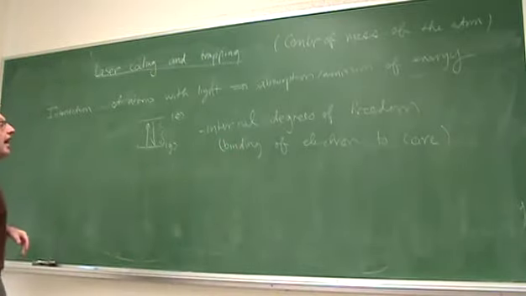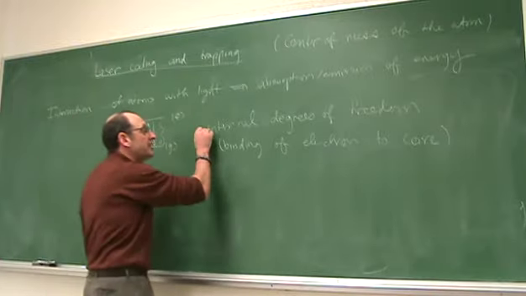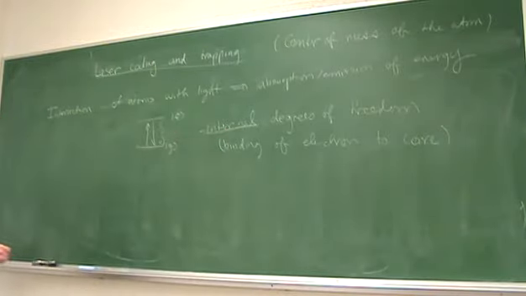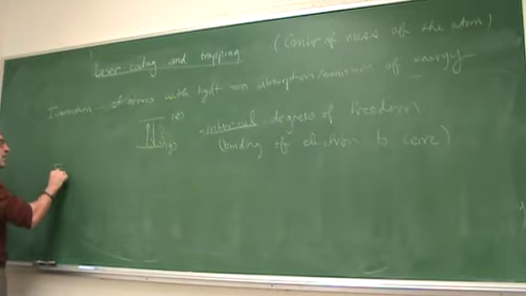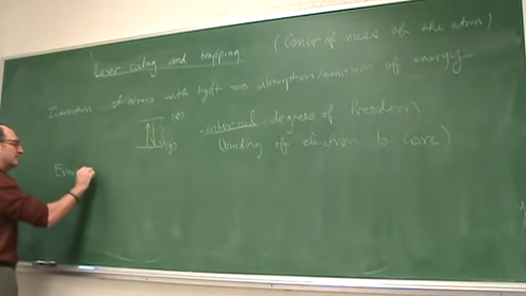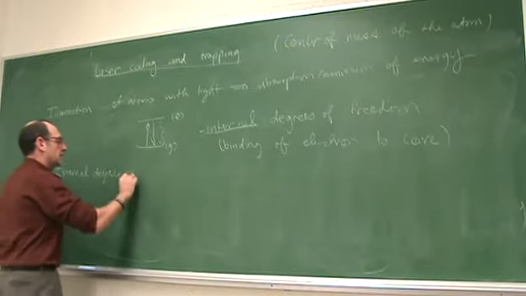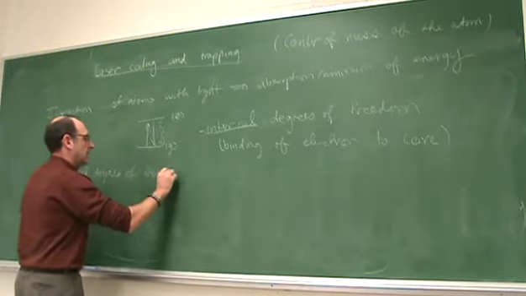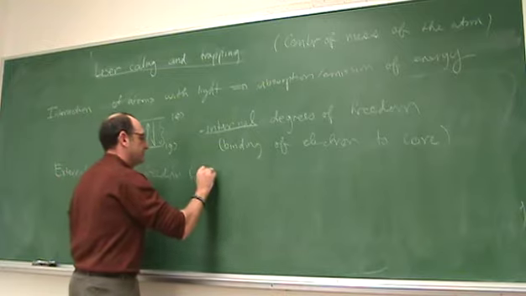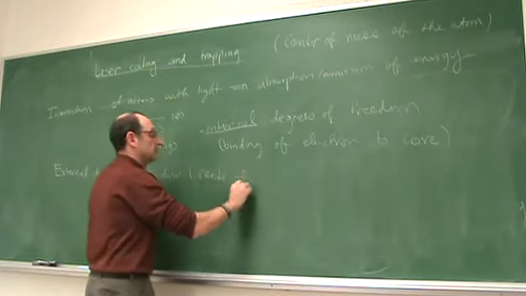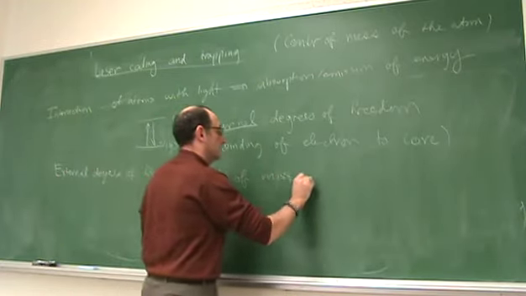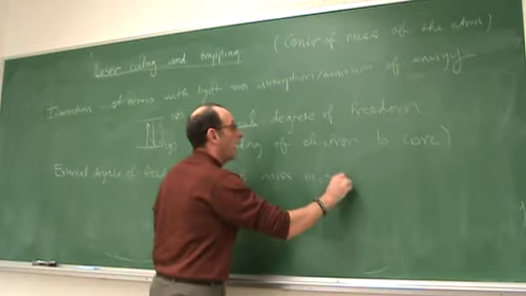So we want to generalize our discussion beyond thinking about the internal degrees of freedom. We also want to think about what we call the external degrees of freedom, that is to say, the center of mass motion of the whole atom.